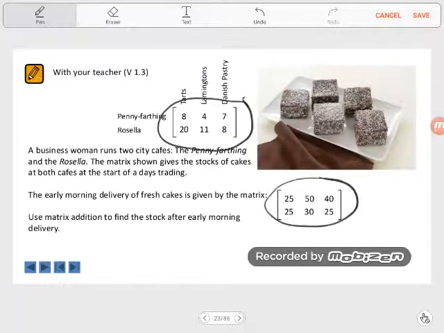So once we want to find out how much stock we have in total once that delivery's been made, of course, we're going to use matrix addition to do that. So we'll add these matrices.